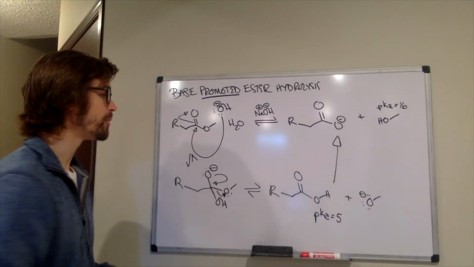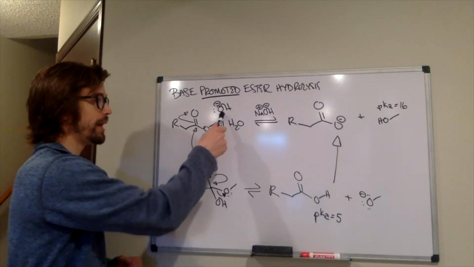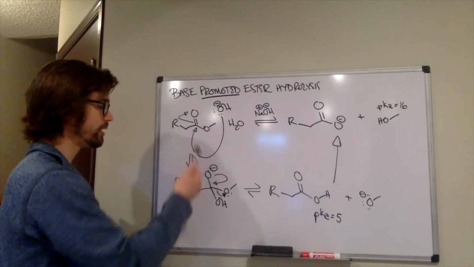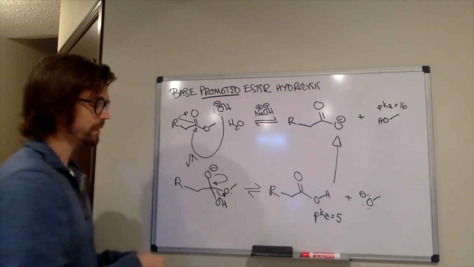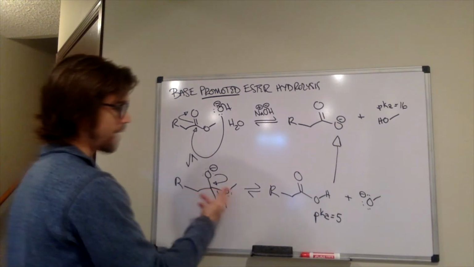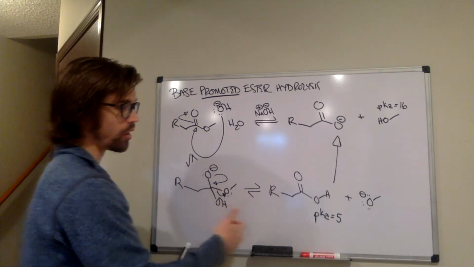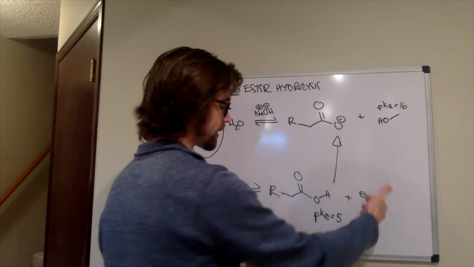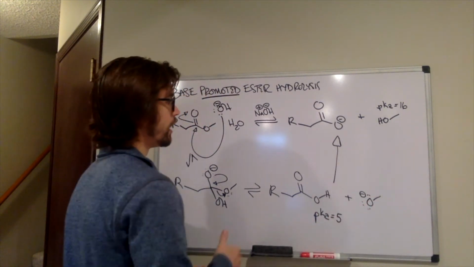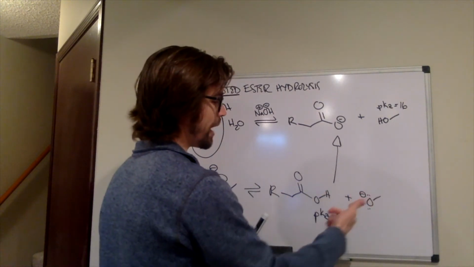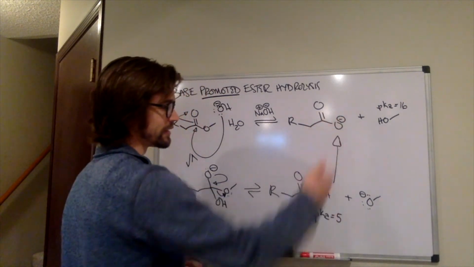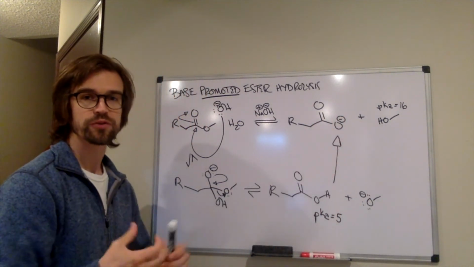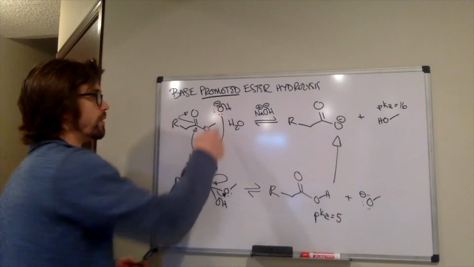It's called base promoted because we need a full equivalent of our base. The base is used here. It kicks out something that we would also call a base. This is a strongly basic thing. But whether it's OCH3 minus or OH minus that does this last proton transfer, we are using up a full equivalent of our OH minus.